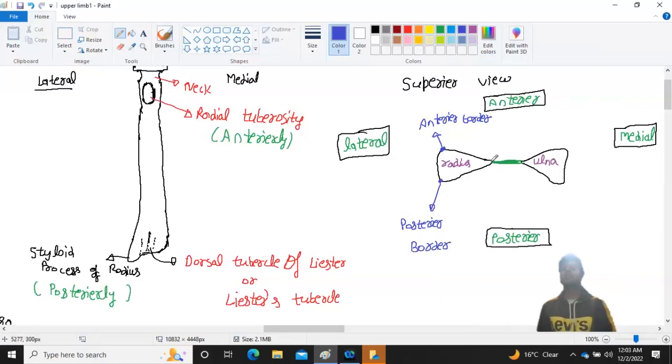And this is called the medial border or interosseous border, because this membrane is called the interosseous membrane, so this border is called the interosseous border. Interosseous border or medial border, because it is present medially.